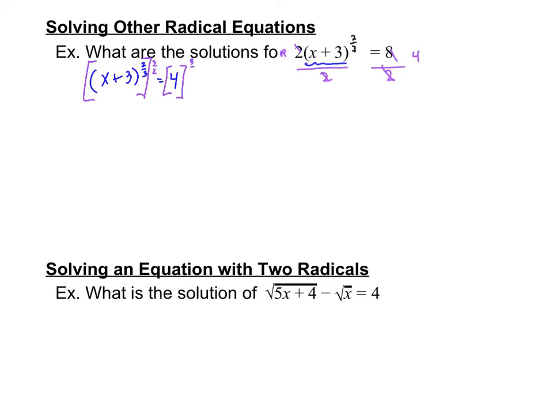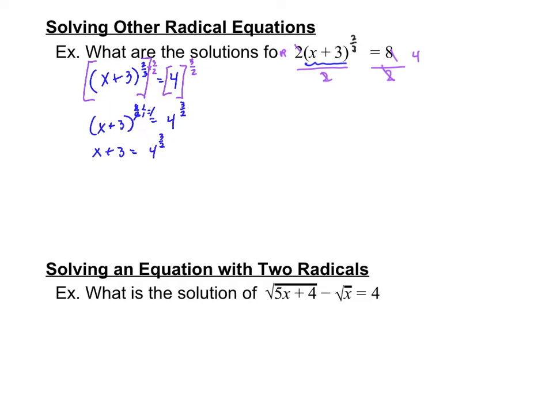And if we do it to one side, we must do it to the other. Then we multiply our exponents because of our exponent properties, and that gives us x plus 3 to the 6 over 6 equals 4 to the 3 halves. And of course, 6 over 6 becomes 1. So I have x plus 3 is equal to 4 to the 3 halves.